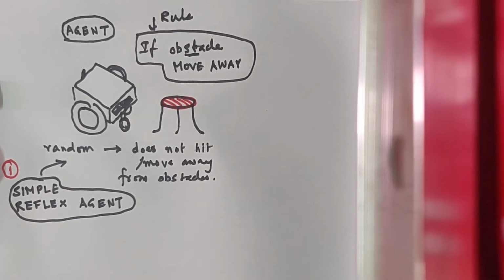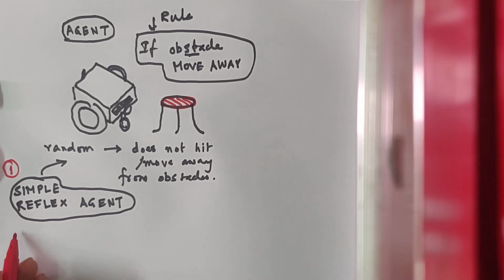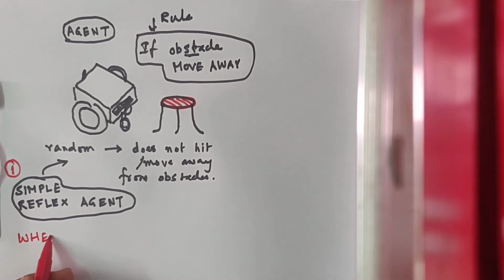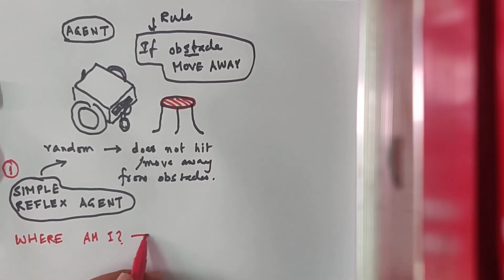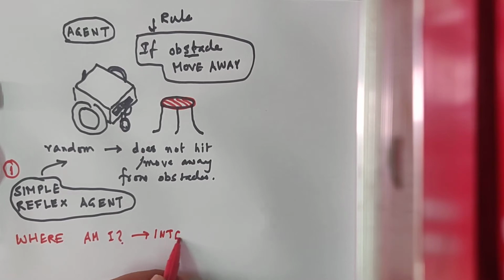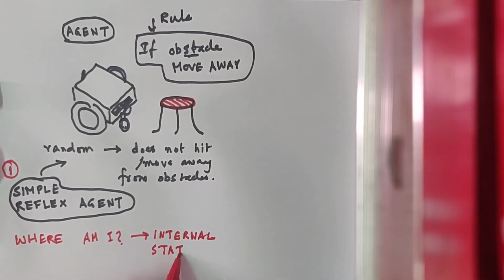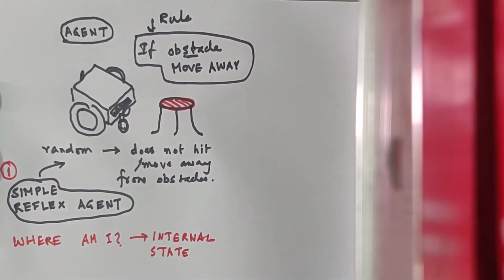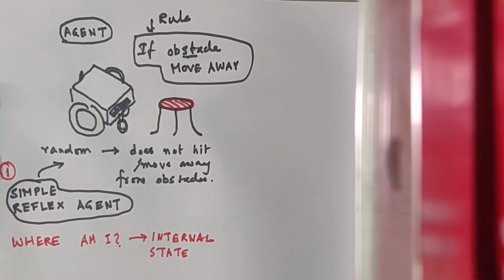So now the agent has to have some sense of an internal state. Internal state means where am I? The location, where am I? Because whenever it encounters an obstacle, it will ask itself, okay, here is an obstacle, but where am I? I am at this location. So at this location there is an obstacle.